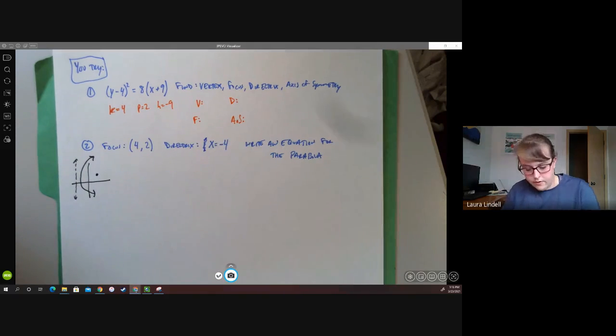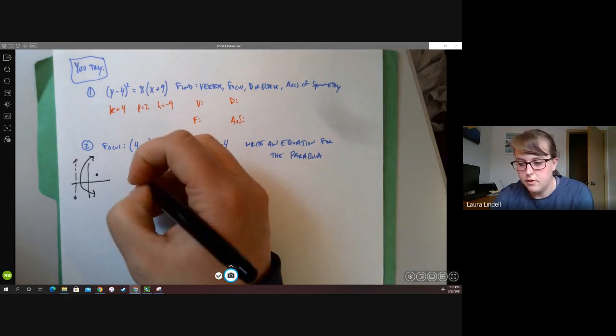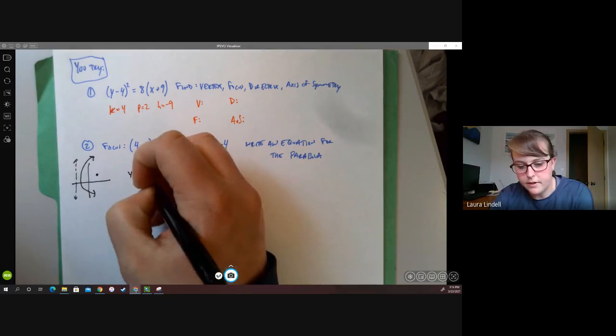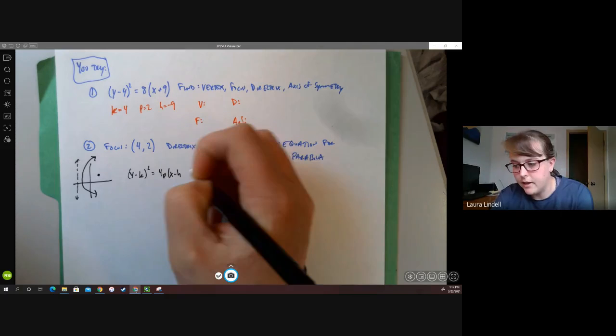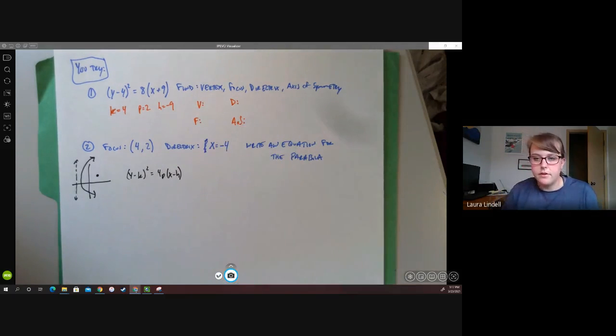On the second one, if you're getting started there, this should be opening to the right. So we're using that y minus k squared equals 4p times x minus h. So if you started with that, you're on the right track.